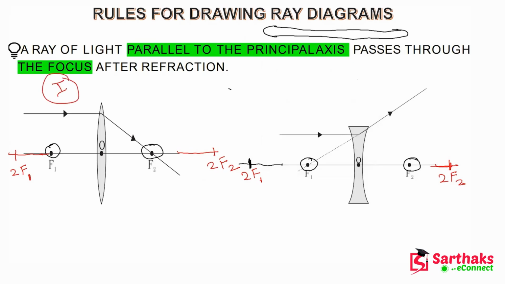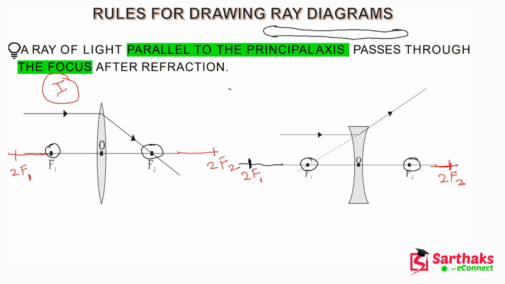What happens according to this rule? Whenever a ray parallel to the principal axis comes like this, after the refraction, it passes through the focus of the convex lens. You can see this is a ray parallel to the principal axis. After the refraction, it is passing through this point F2. Now, in the case of the concave lens, what is happening?